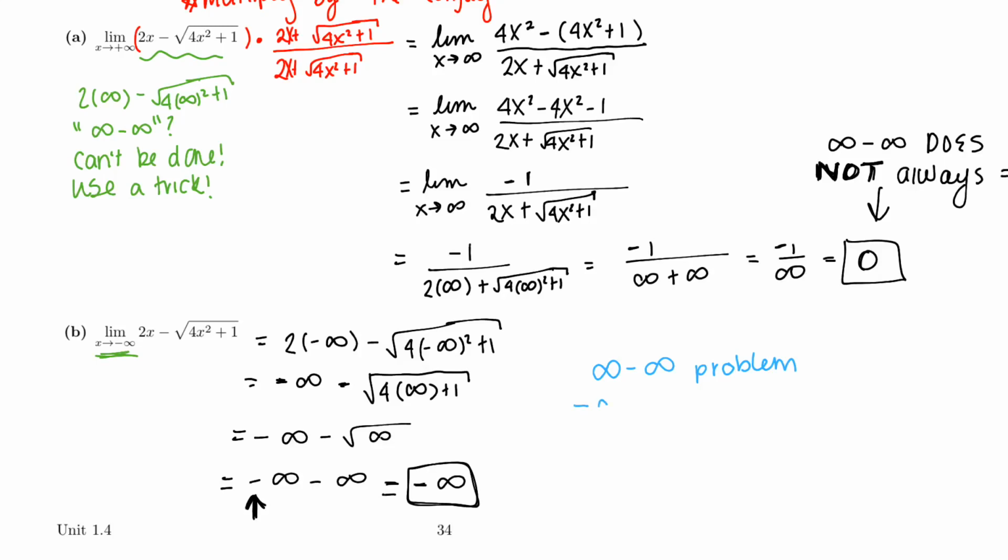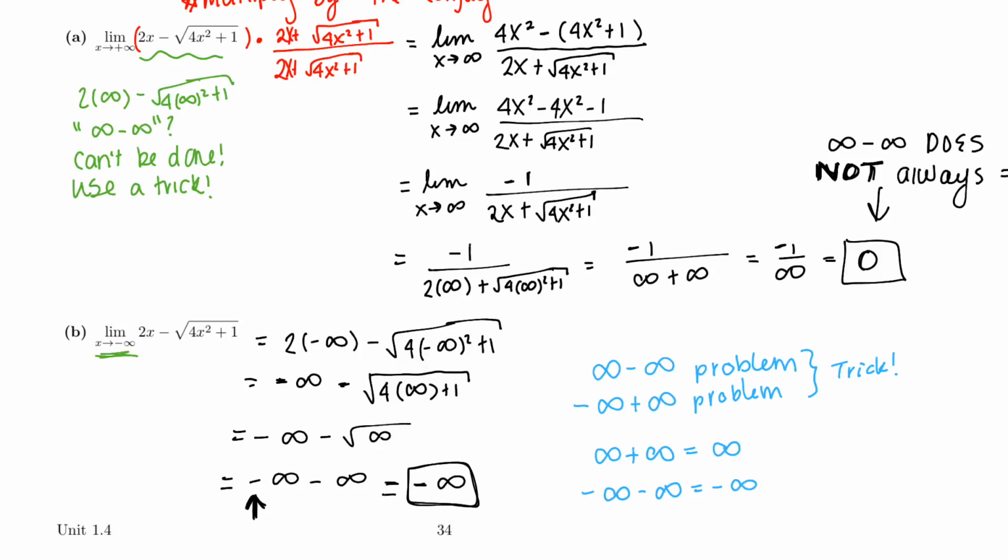If you have negative infinity plus infinity where they cancel, this is a problem. In either of these cases, you would need to use a trick. But if you have infinity plus infinity, this is infinity. And if you have negative infinity minus infinity, this is negative infinity.